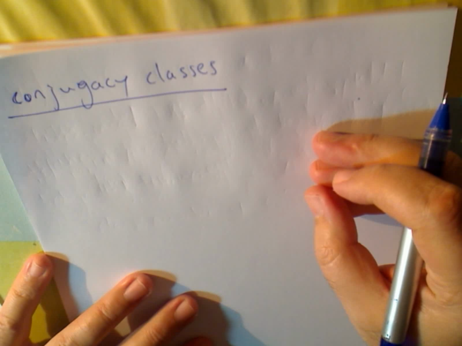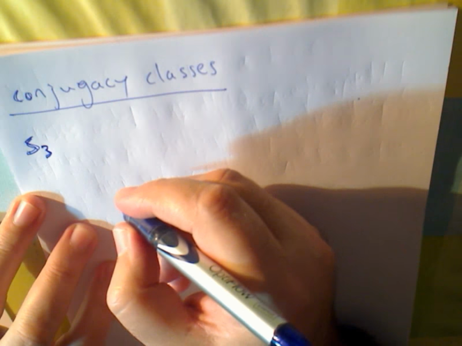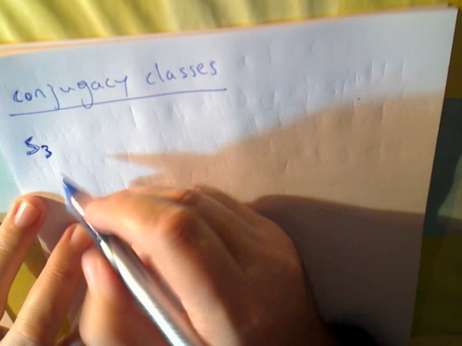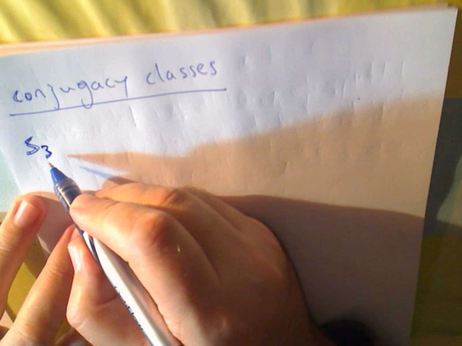I'm going to take the symmetric group S3. So, what are the conjugacy classes for S3?